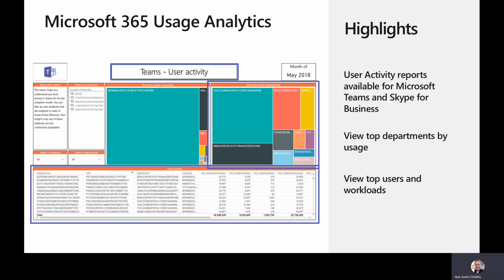The next thing is that you get to go and see who your top departments are by usage. And so this, as long as you have department configured in Active Directory, it will pull this information. And I can see that there are some departments that use the workload more than others based upon the size of the box.